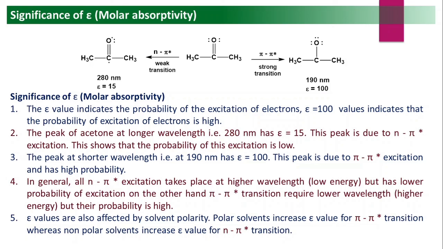Polar solvent increases the epsilon value for the pi to pi star transition, whereas non-polar solvent increases the epsilon value for the n to pi star transition. So the probability of pi to pi star transitions will increase in polar solvents, while the probability of n to pi star transitions will increase in non-polar solvents.